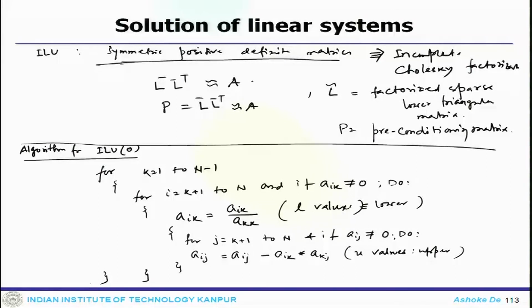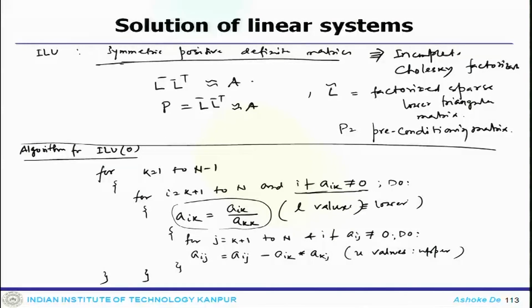Essentially, you go through the loop k equals 1 to n minus 1, then in the second loop you check this criterion. This is a very important criterion. If it is not satisfied, you still go over this loop, but you are checking this criterion. If it is satisfied, only then you do this calculation to obtain the lower values of the system.